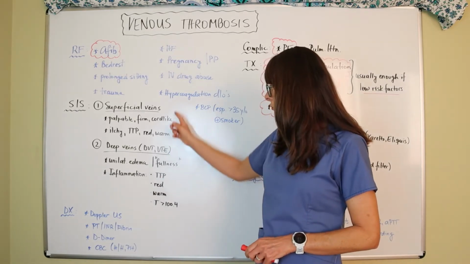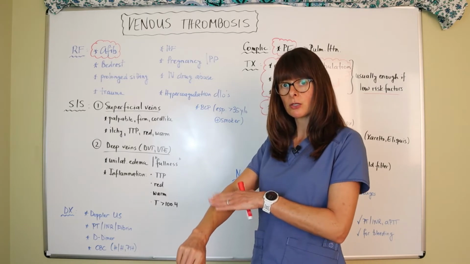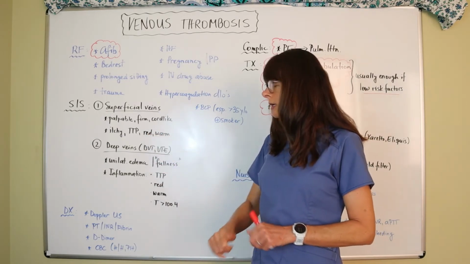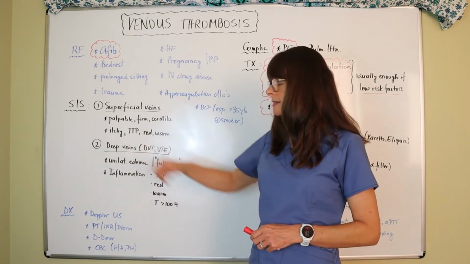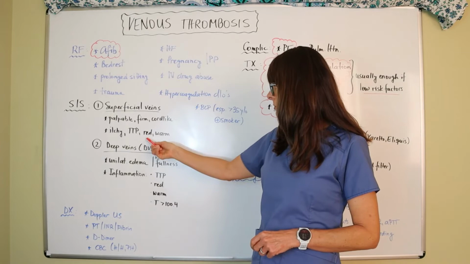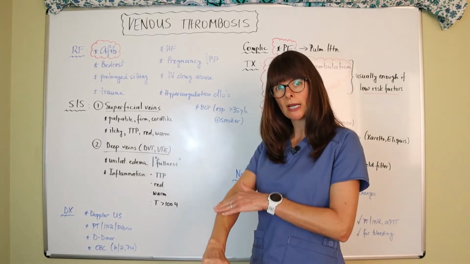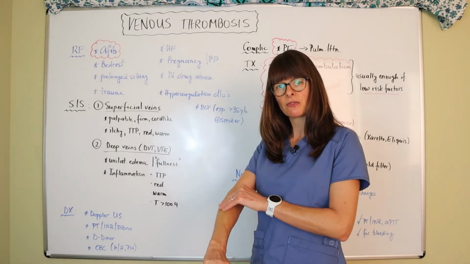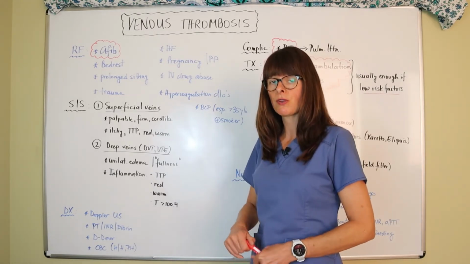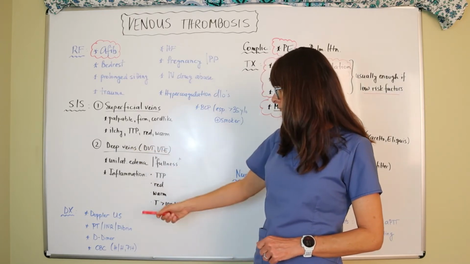So for superficial veins, it might be palpable because it is so close to the surface. It might be firm or cord-like. And the patient might say that the area feels a little bit itchy, tender to palpation. It might also have signs of inflammation, red and warm, but this cord-like strand that you can feel right underneath the skin, and sometimes even see along the superficial vein, is pretty telltale. And then deep veins.